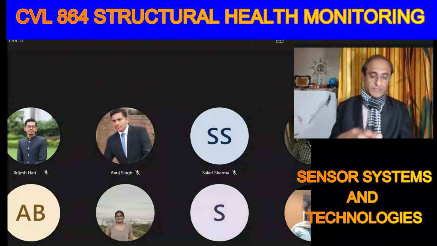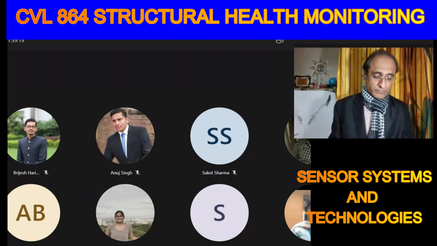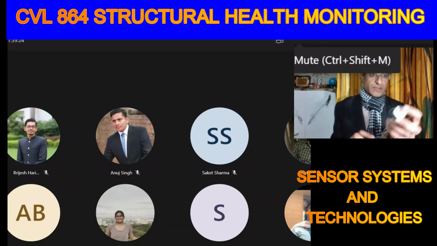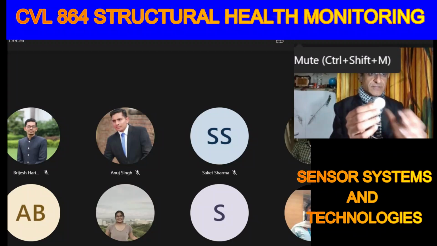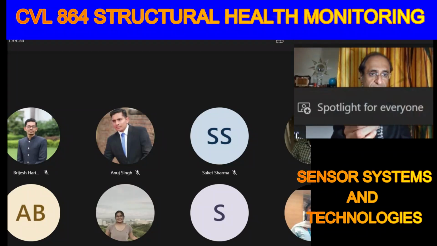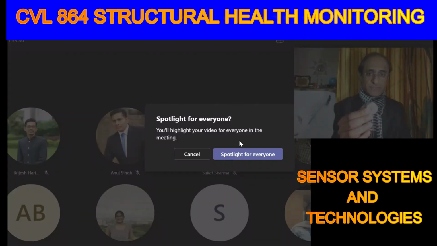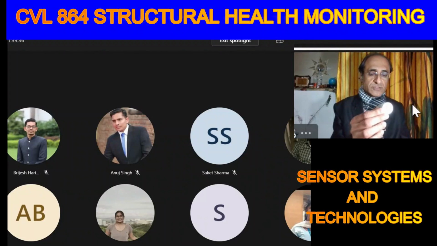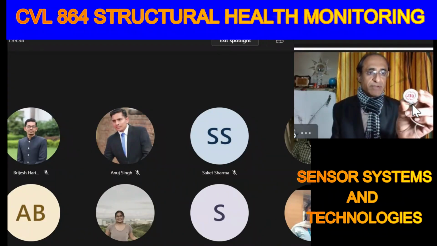Yes, so I have this sensor. This is the concrete vibration sensor. Let me spotlight myself. Yeah, so this is the concrete vibration sensor. It has the piezo element inside.